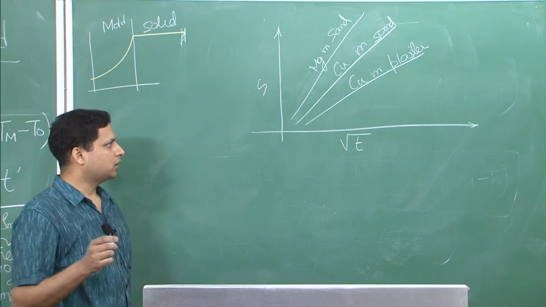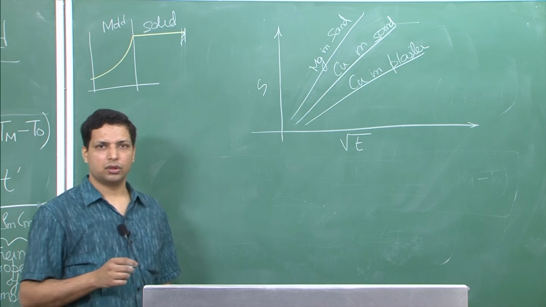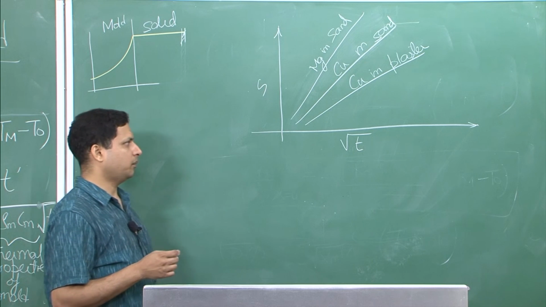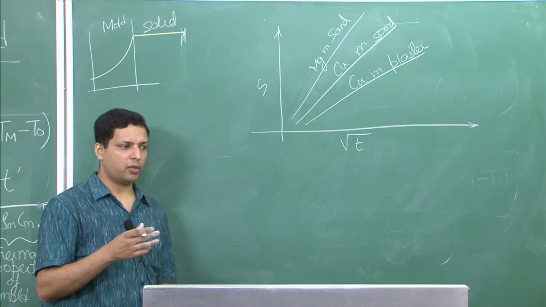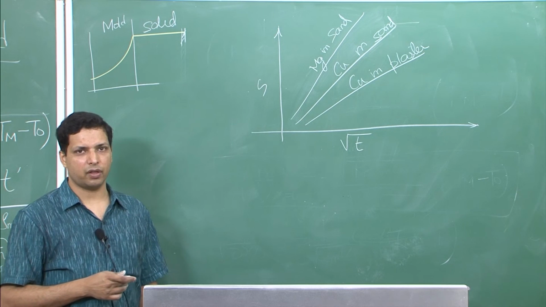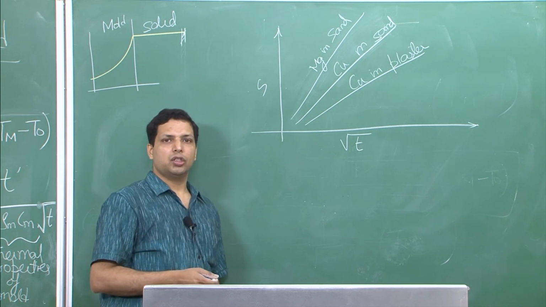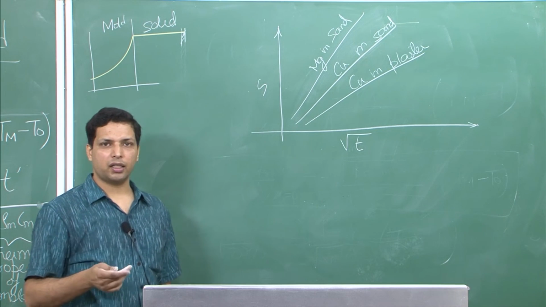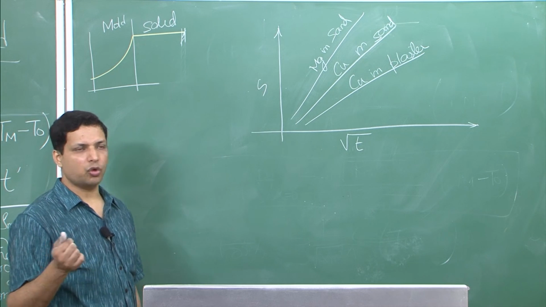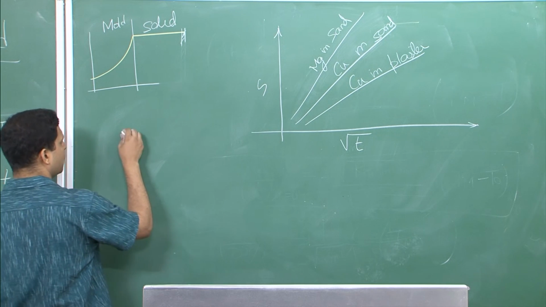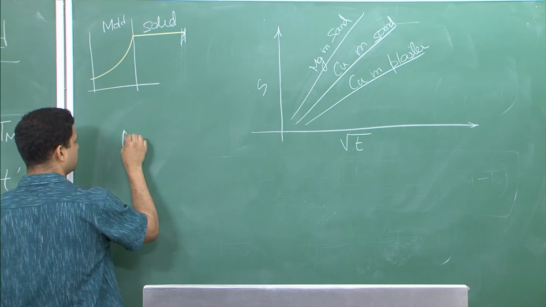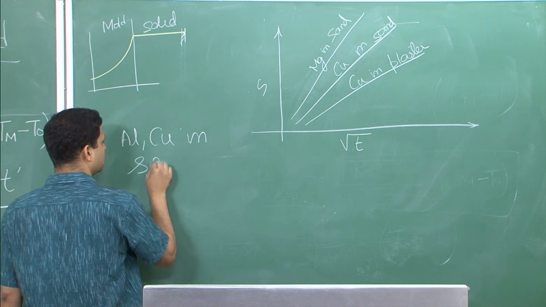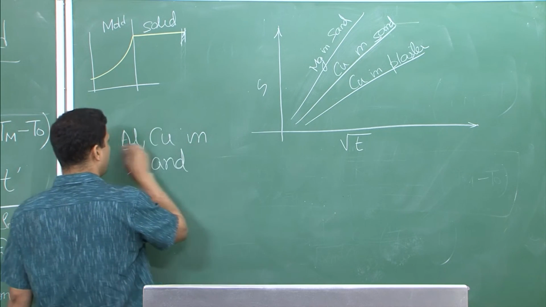Now, just a last bit of knowledge that we need to look into when we are talking about the insulating mold condition. What kind of metal and mold combination would this be suitable for? We said that it is an insulating mold. So, this will be suitable, like we said earlier at the beginning, for a highly conductive metal and a very insulating mold. So, for example, aluminum, copper in sand, or even magnesium.